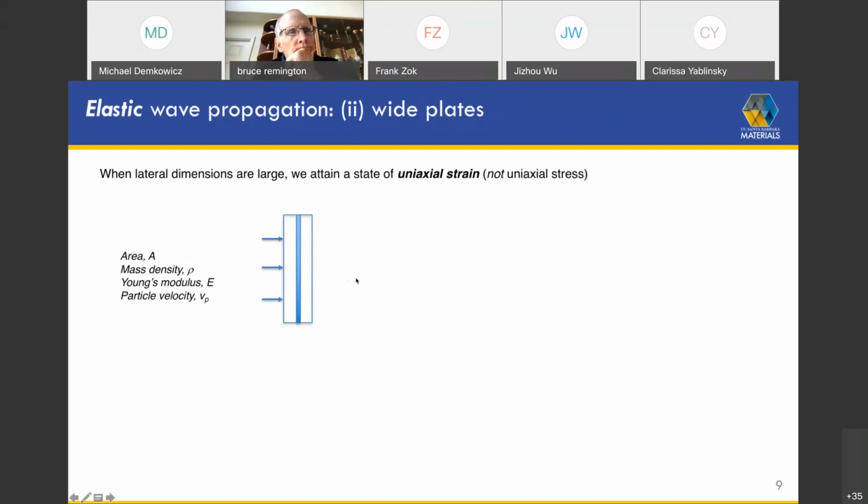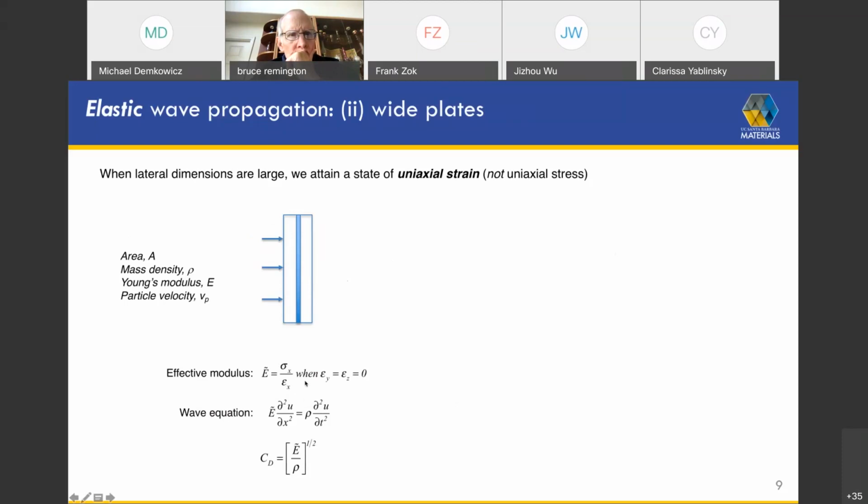Okay? So we produce a state from the stress of uniaxial straining in the x direction. We can go through the same analysis as we did on the preceding slide, and we define here an effective modulus, if you like, which is the ratio of the axial stress to the axial strain.